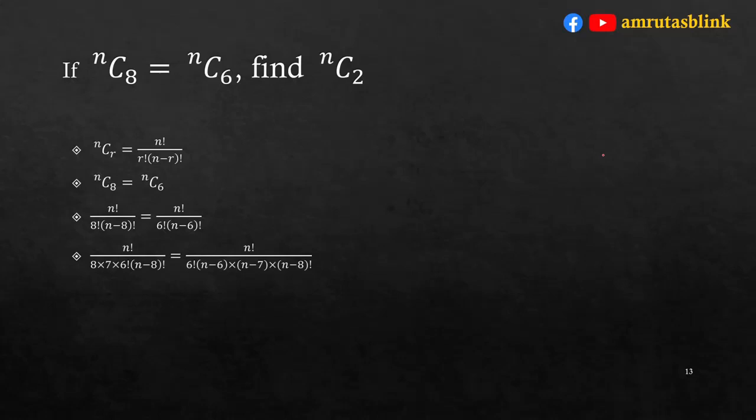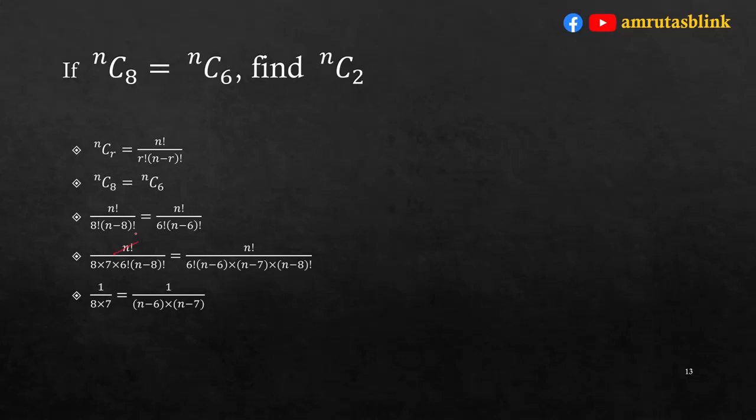Now this 8 factorial we will split up to 6 factorial, that is 8 into 7 into 6 factorial into (n minus 8) factorial as it is, and in the right hand side again n factorial as it is, 6 factorial into, now this (n minus 6) factorial we will split up to (n minus 8) factorial, that is (n minus 6) into (n minus 7) into (n minus 8) factorial.